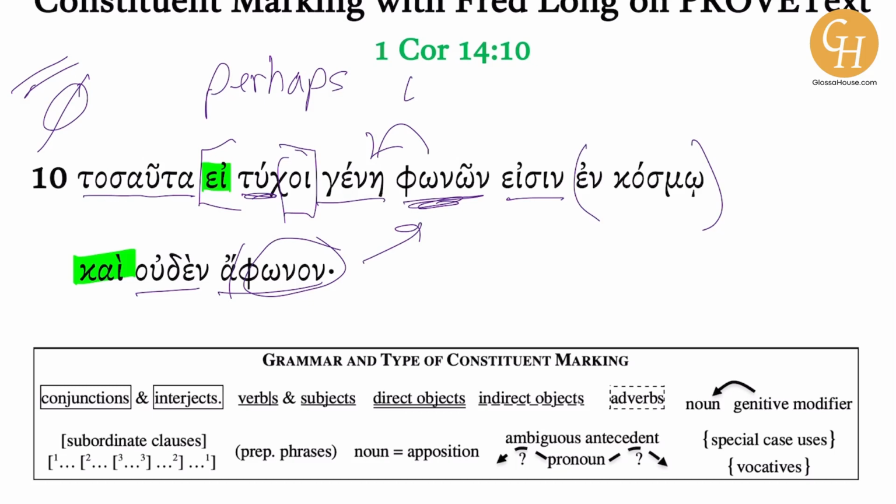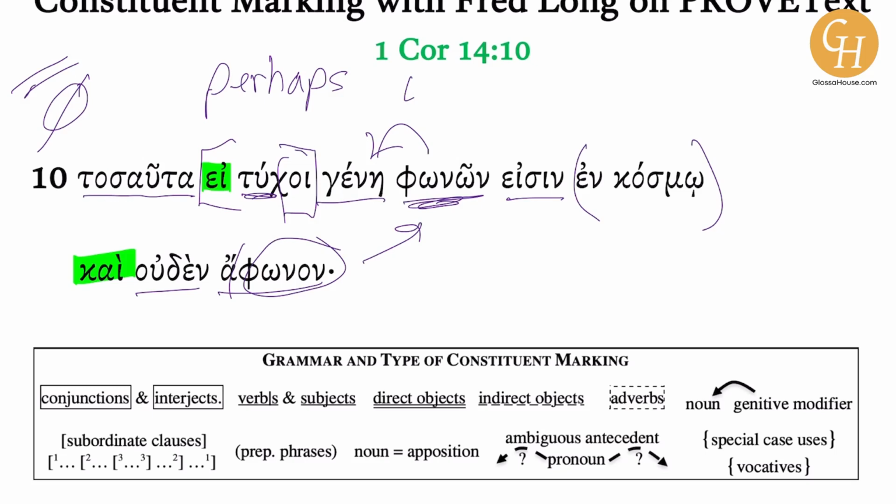So basically, what Paul's saying here is that there's meaning behind the sound. There's all sorts of sounds that we might perhaps encounter in the world, and none are without significance.